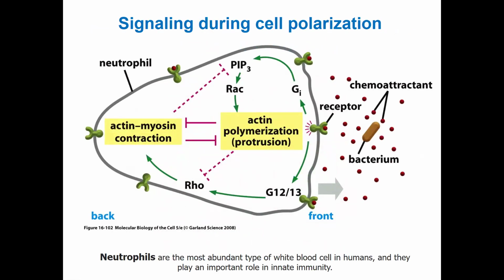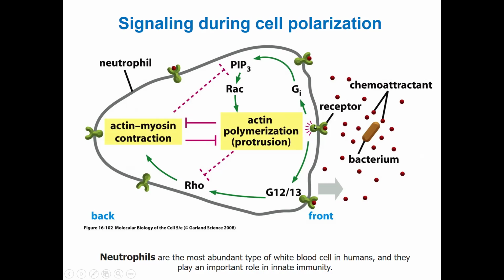Here you can see cell polarization in a diagram. For example, this is a bacterium, a pathogen of a human, and somehow it enters into your body, and it secretes many extracellular molecules. Bacteria can produce lots of small molecules like antibiotics and others. Here they are called chemoattractants, because those molecules can be perceived by the neutrophil.